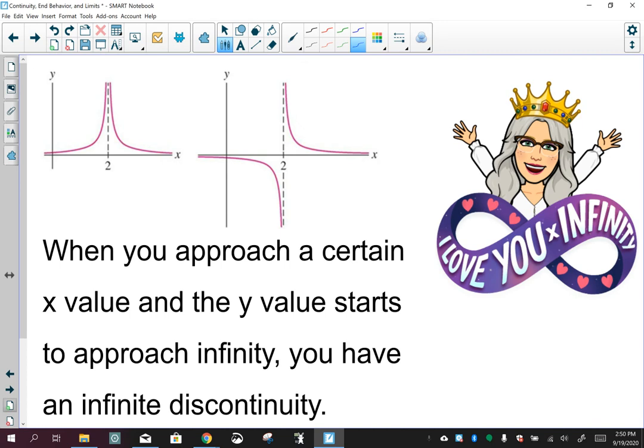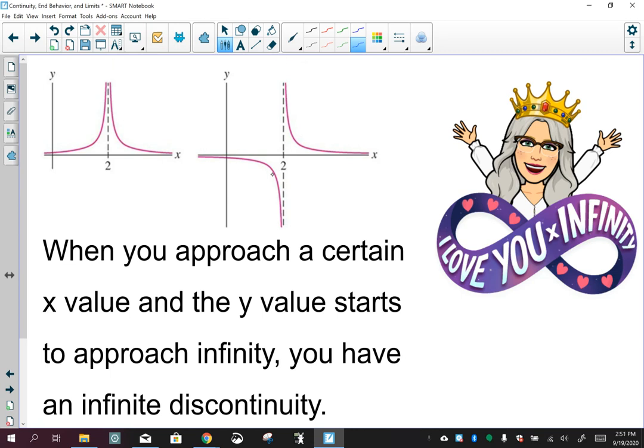An infinite discontinuity basically means that you have a vertical asymptote. Remember, a vertical asymptote means something has not been able to cancel on the top and bottom, and so you have a way for your denominator to equal 0. As you approach a certain x value here, you'll either run off into positive infinity, or you'll run down to negative infinity.